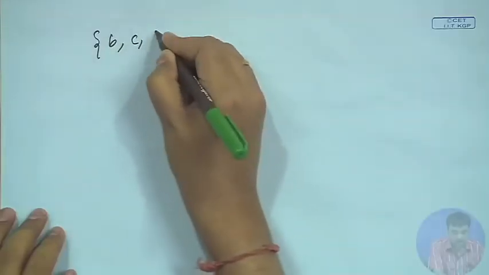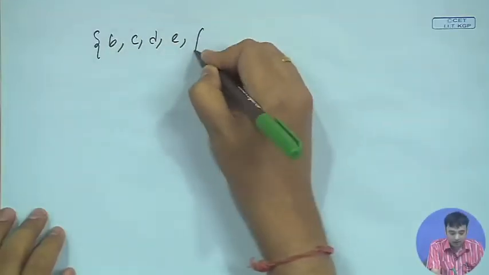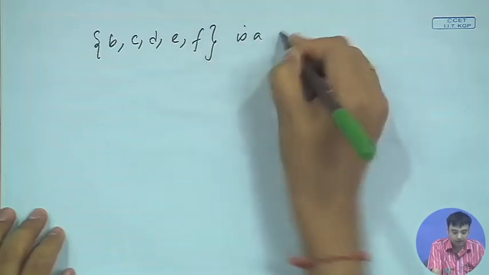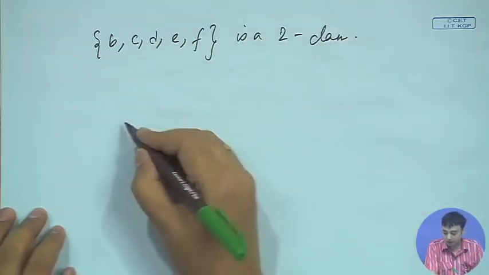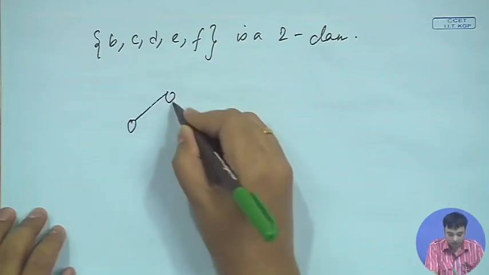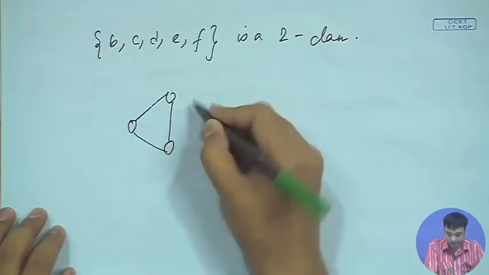Okay. So, an example of a 2-clan from this same graph would be, say, B, C, D, E, F. Let me draw the graph once again for clarity of understanding.